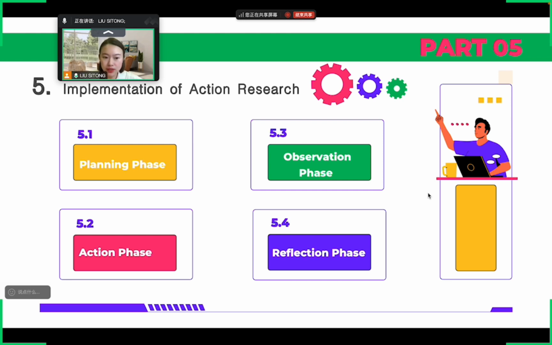5.2, action phase. During the 4-week implementation, the 2 classes followed different teaching methods. Experimental class: the teacher designed speaking tasks where students interacted in real-world scenes.